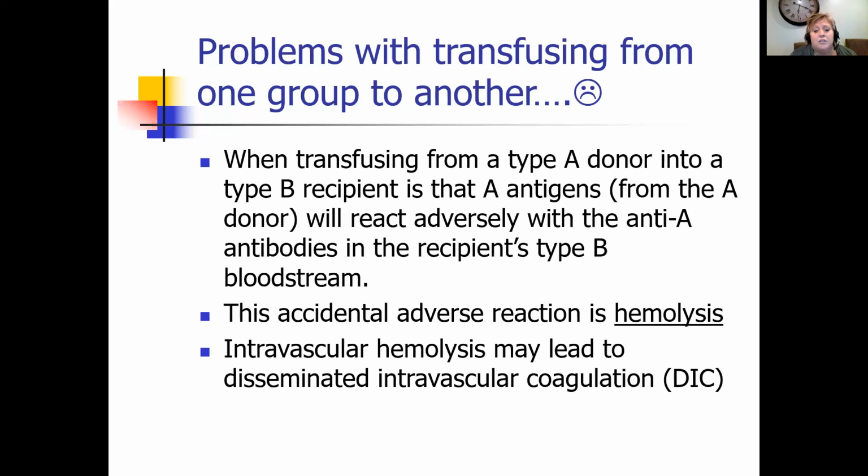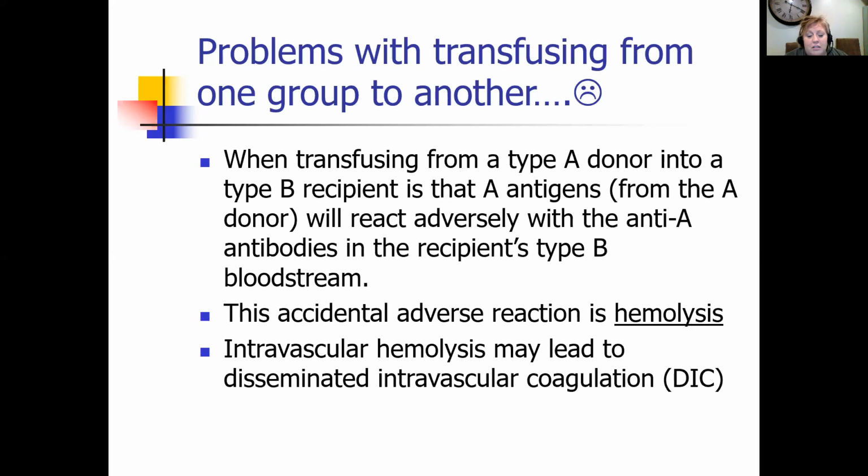This accidental adverse reaction, the term for that is hemolysis. Lysis means to break down or destroy, and hemo means blood. What can happen is within minutes after starting the transfusion, if hemolysis takes place, intravascular hemolysis may lead to what we know as DIC, or disseminated intravascular coagulation, which, to put it in simple terms, is the blood just clots in the vessels and stops flowing through the system.